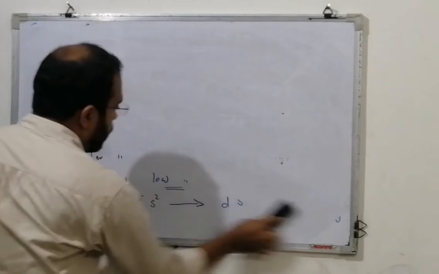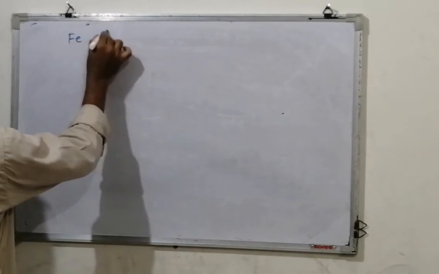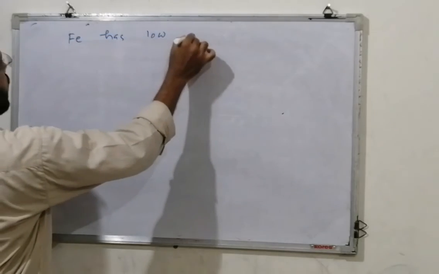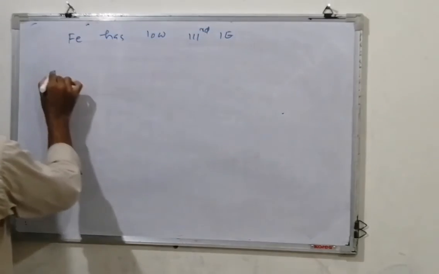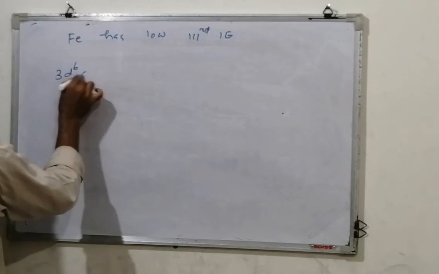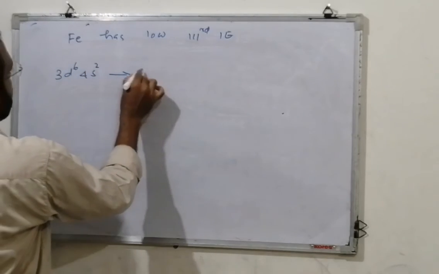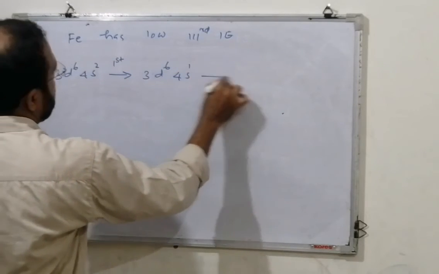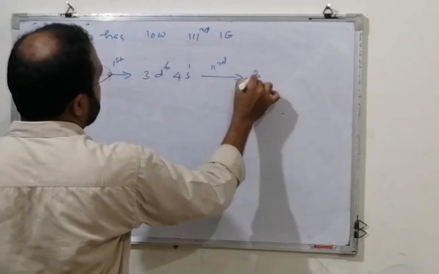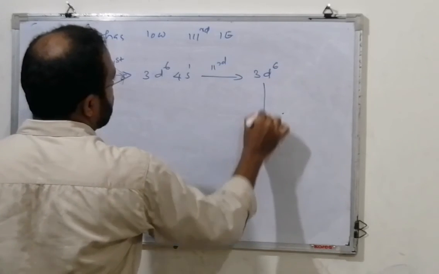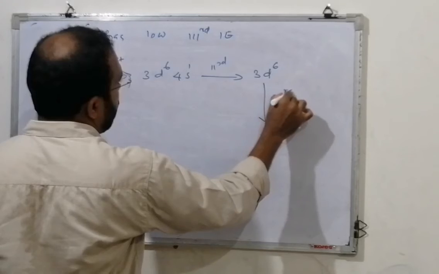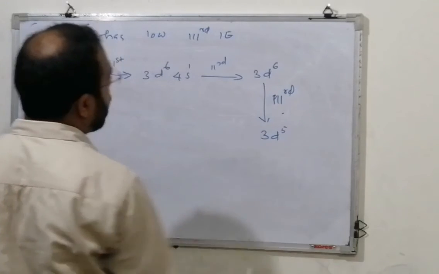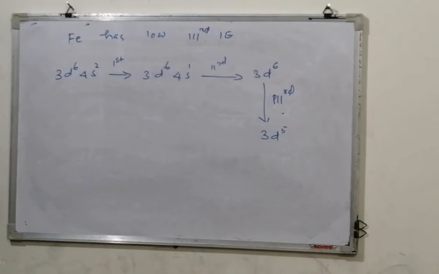These are very, very important points. Iron has low third ionization energy. Iron is 3d6 4s2. First ionization gives 3d6 4s1, second ionization 3d6, third ionization 3d5. After third ionization, you have a half-filled configuration.